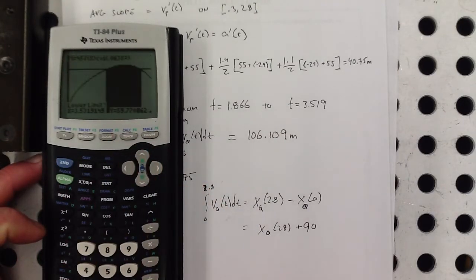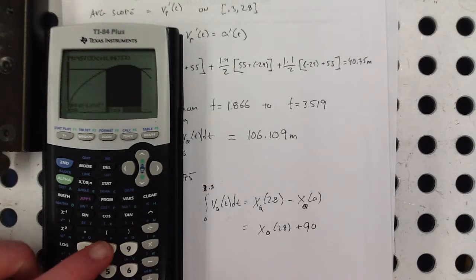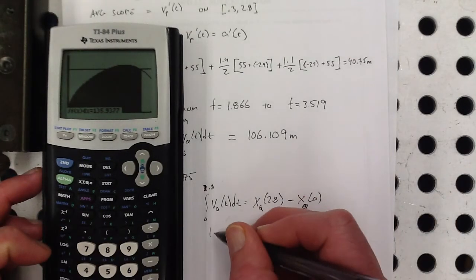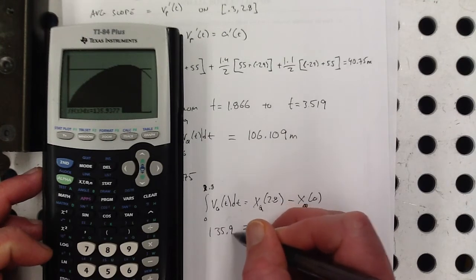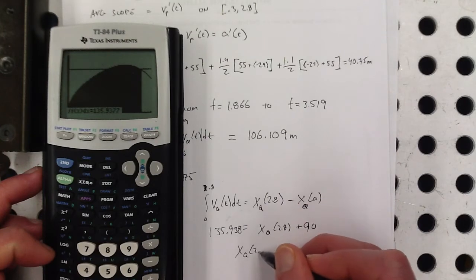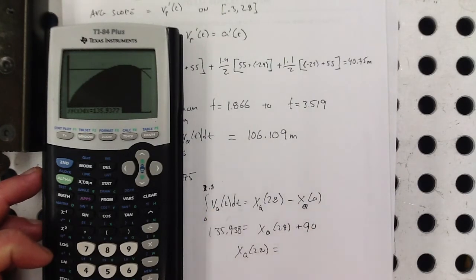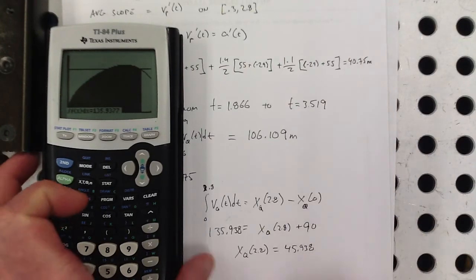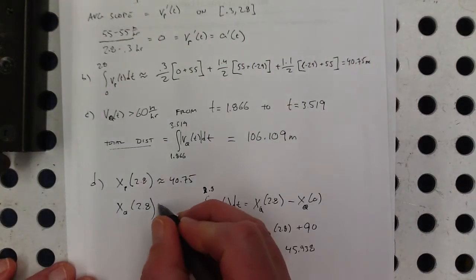Number 7. Now I'm going to find the area from 0 to 2.8. And that's 135.938. You want the position of Q, just have to add the 90 there, which gives 45.938.